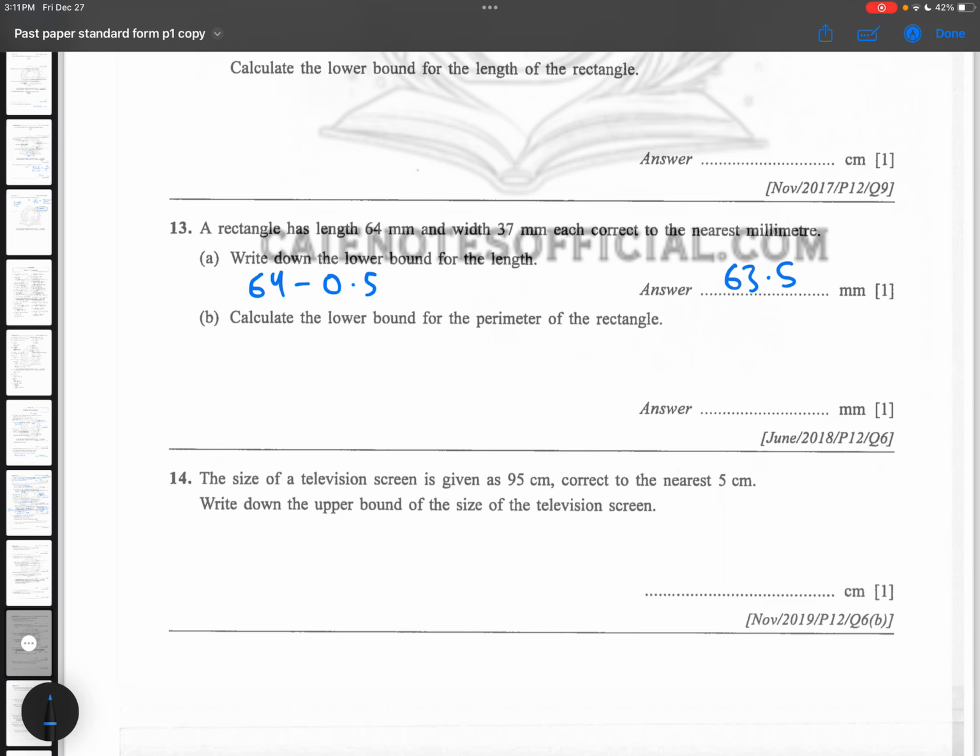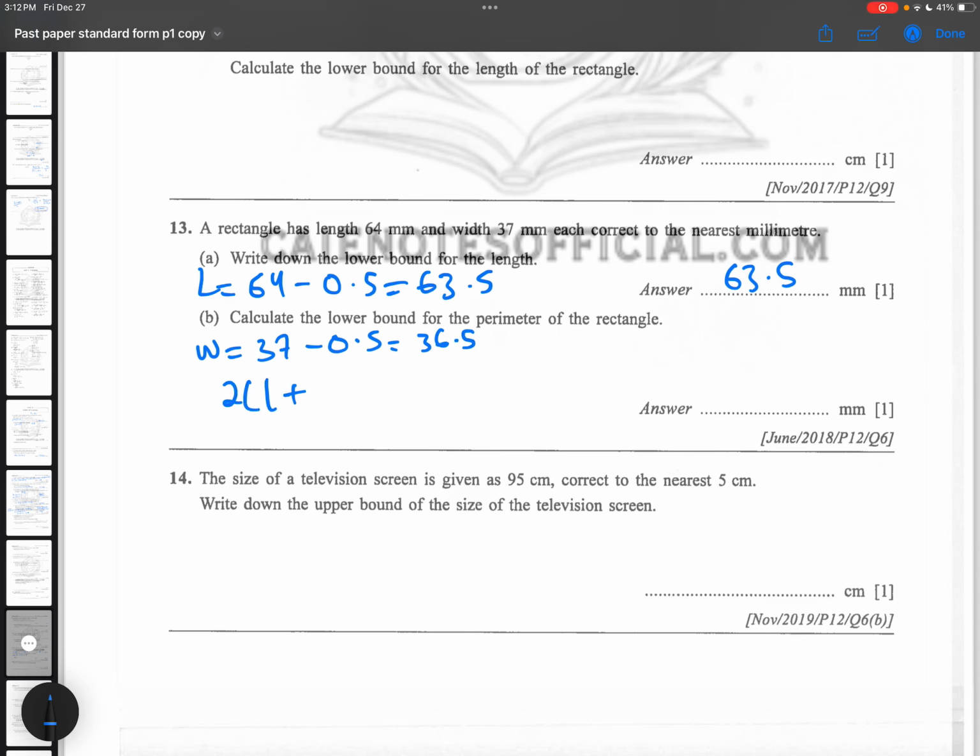We will get it if we have the lower bound of the length as well as the lower bound of the width. We already know the lower bound for the length, that is 63.5. The lower bound of the width will be 37 minus 0.5, which is 36.5.